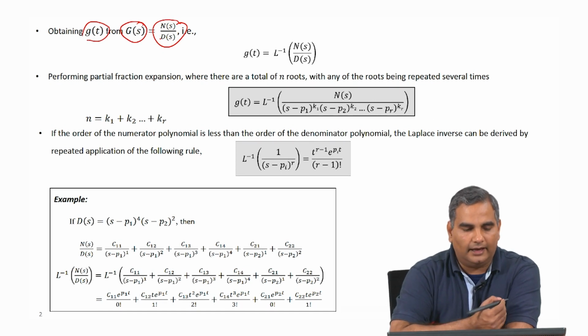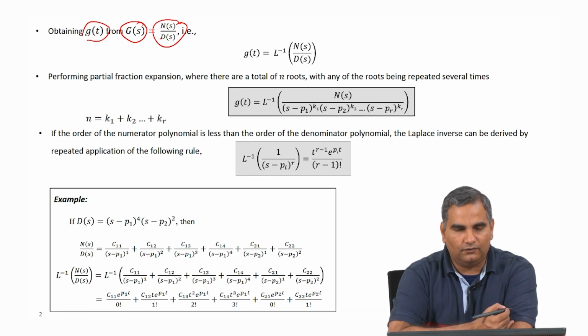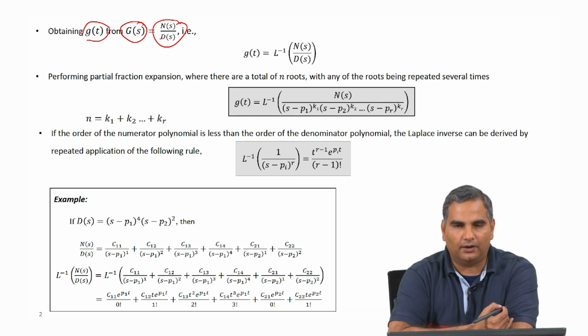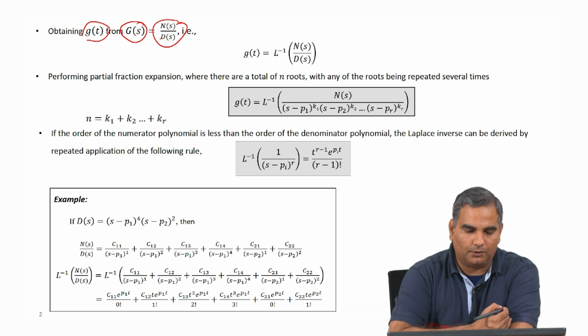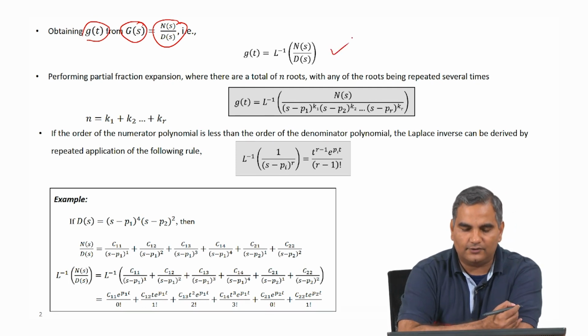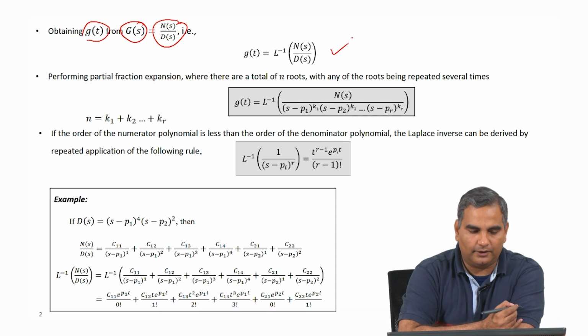So, as long as the denominator polynomial is of a greater order than the numerator polynomial, we are looking at coming up with one general method using which we can do this inversion. Once we know how to do this inversion, we do not have to really worry about what the actual forms are. We can always get a solution in time domain. So, ultimately we are looking at getting a g of t, which is Laplace inverse of a numerator by denominator.